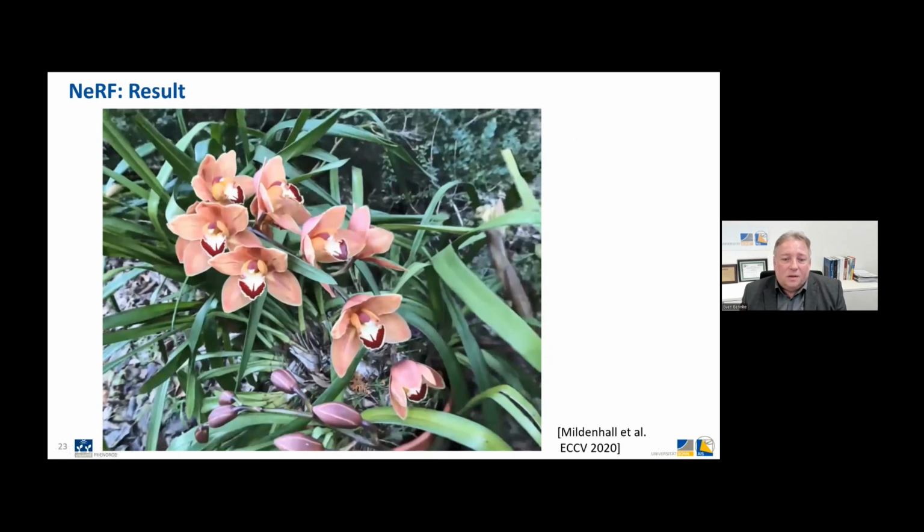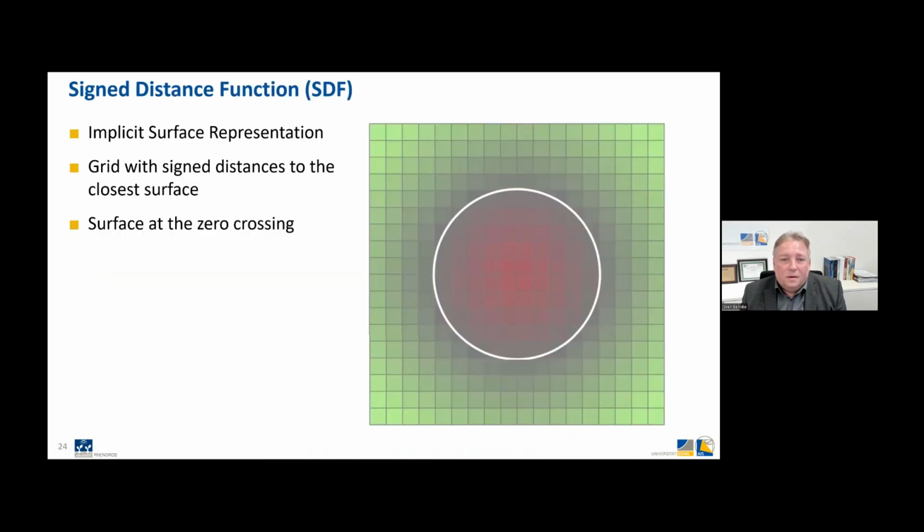That is pretty realistic. One difficulty here is that it doesn't really give us geometry. It just gives us a color and photorealistic novel views. But signed distance functions are also a way to represent geometry.